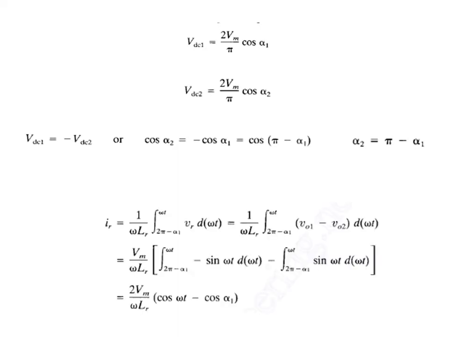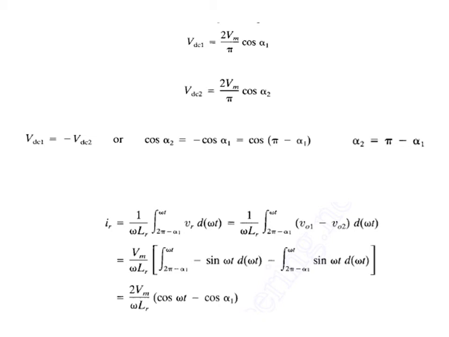Therefore, the instantaneous circulating current is given by the equation IR equal to 1 divided by omega LR integration from 2 pi minus alpha 1 to omega t of VR d omega t. We have two instantaneous voltages for converter 1 and converter 2, denoted by V01 and V02, so the value of VR is equal to V01 minus V02 into d omega t.